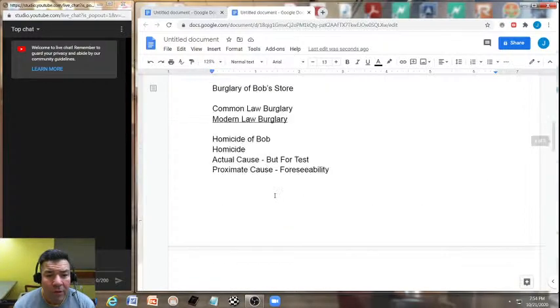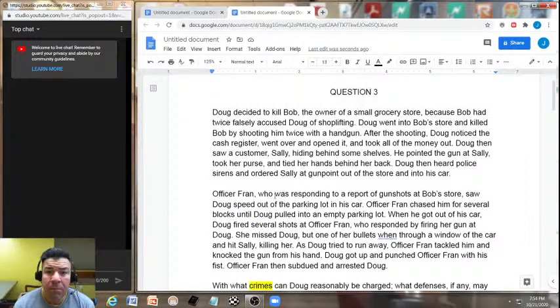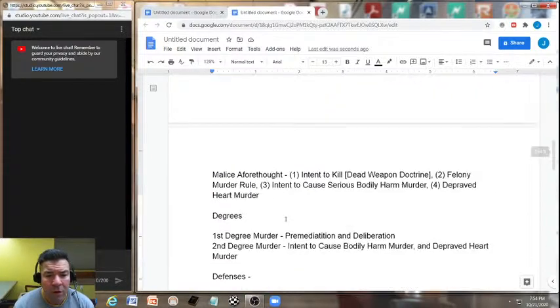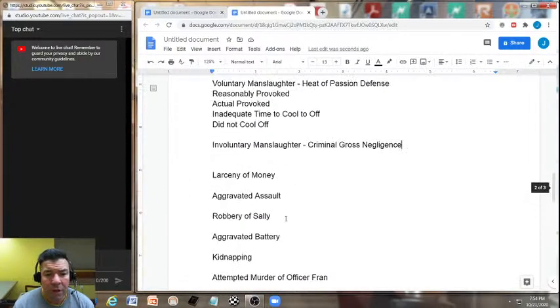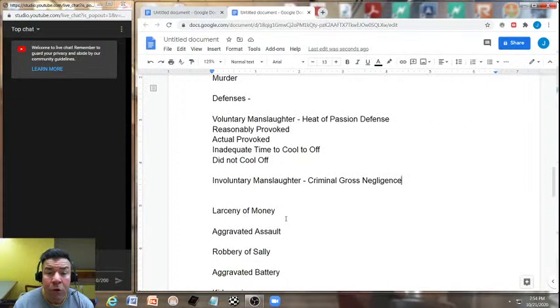Was the action taken by Doug in going into Bob's store and killing Bob by shooting him twice with a handgun posing a significant risk not only to Bob's life, but to the life of those around Bob in that small grocery store? Absolutely yes. So if Doug is able to mitigate his murder charge down, he would most likely be chargeable with involuntary manslaughter.